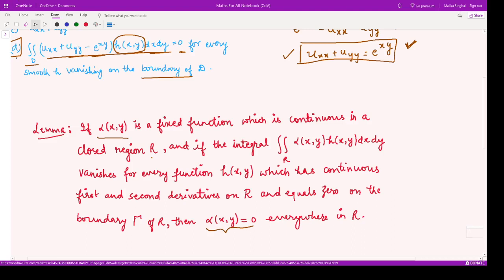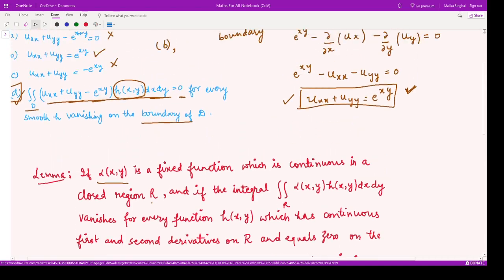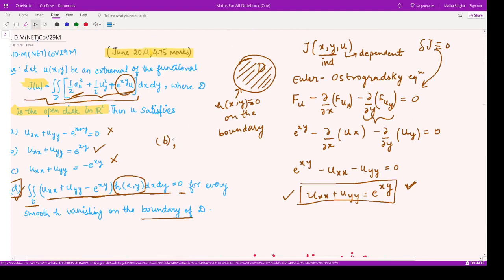So, obviously D is a correct option according to this lemma. So, the correct options to our question are B and D.